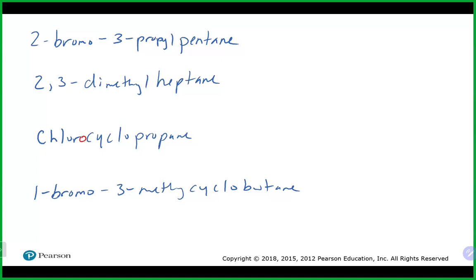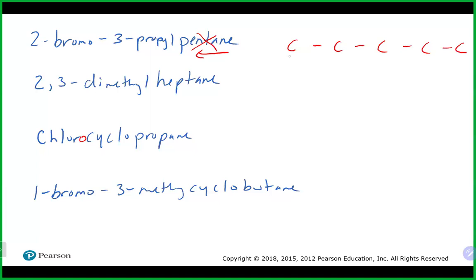Okay, let's take a look, see how we're doing. So once again, we have the name. Always want to work backwards. So we'll start with the first one here, which is pentane. So that is going to be 5 carbons. So 1, 2, 3, 4, and 5. And at this point, that will take care of this part. Once again, you could choose whichever carbon you want at the end there to be carbon number 1.